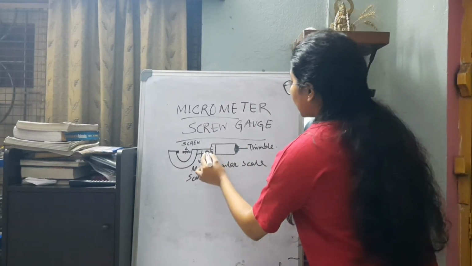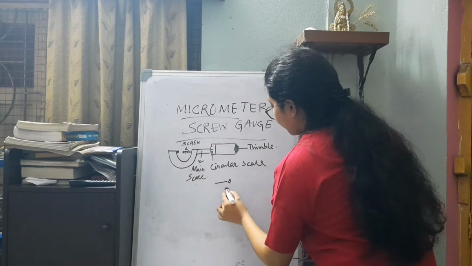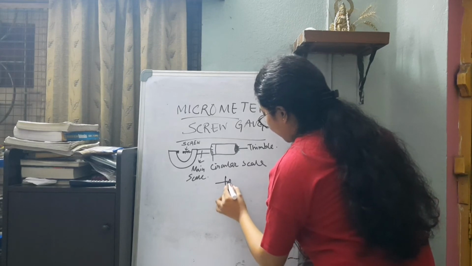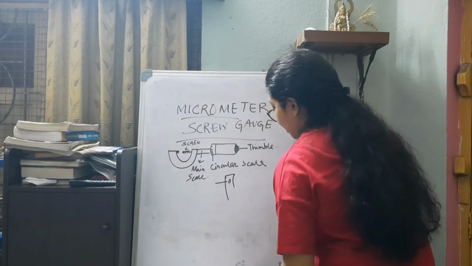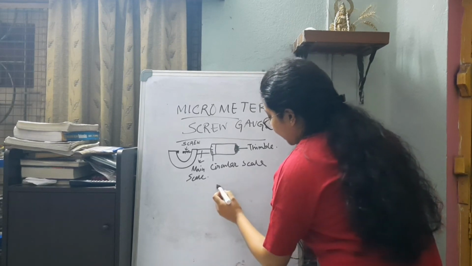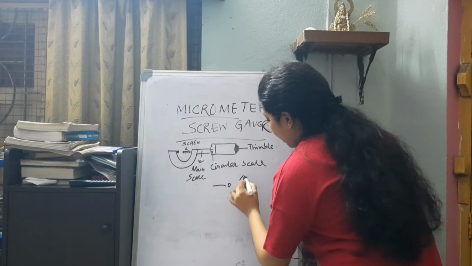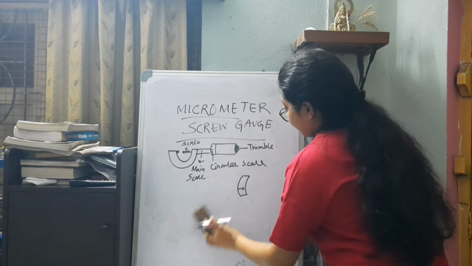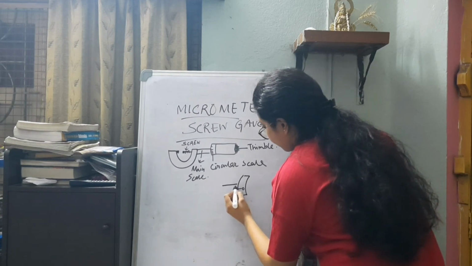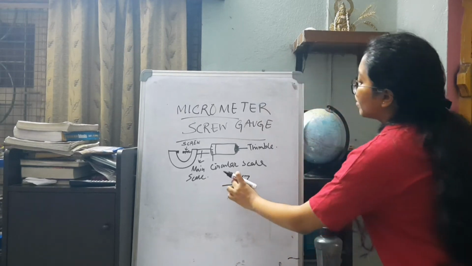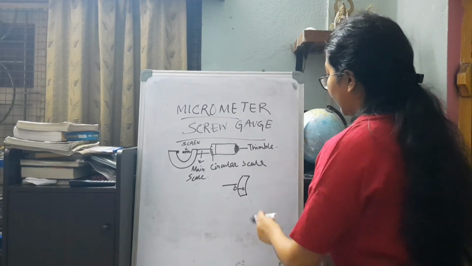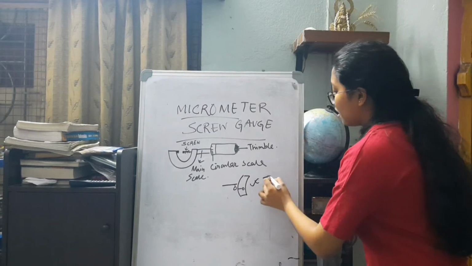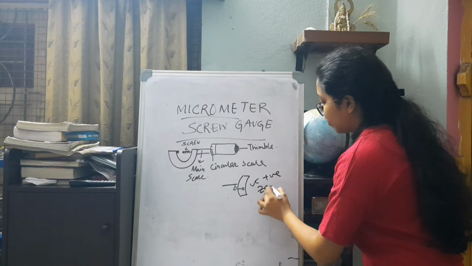If the reference line of the main scale is above the 0 mark of the circular scale, that means it is a positive zero error.